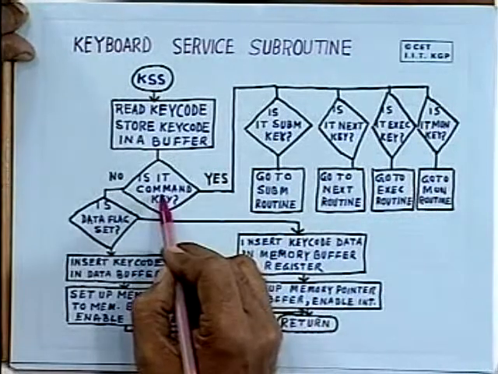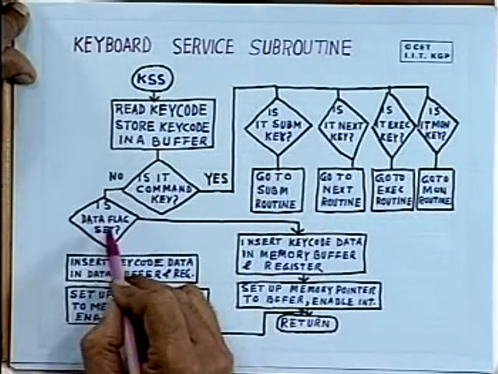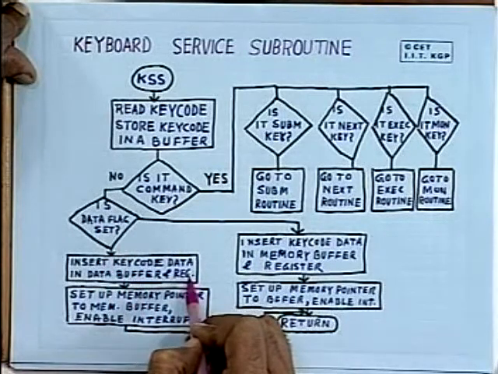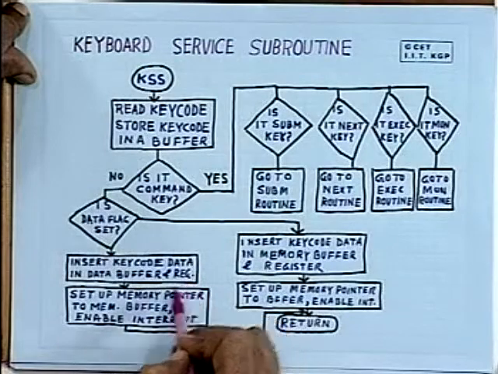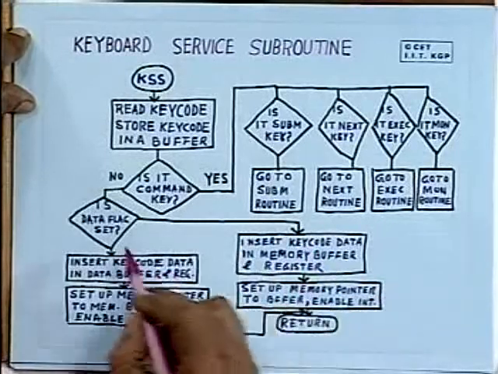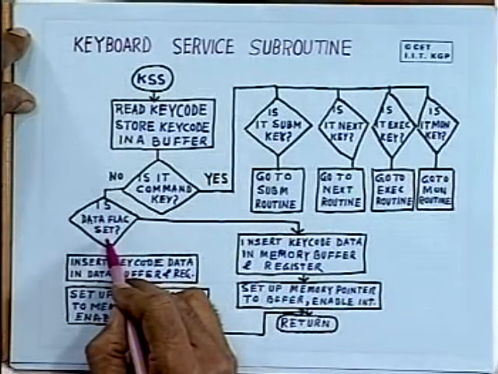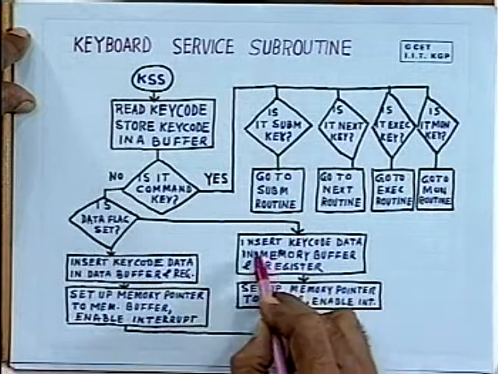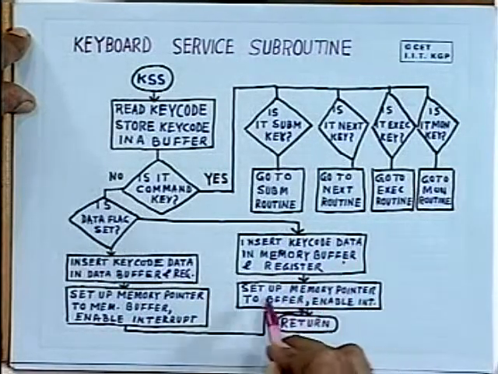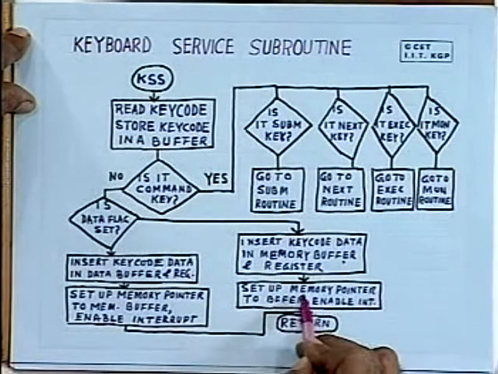But if it is a data key, then it will store it in some buffer and then transfer it to a register for display purpose. So there are 2 parts. If it is in the address field, it will go to this. That information is stored with the help of a data flag set. And you can see here you are inserting the key code data in a memory buffer and register. Then you are setting up the memory pointer to the buffer.